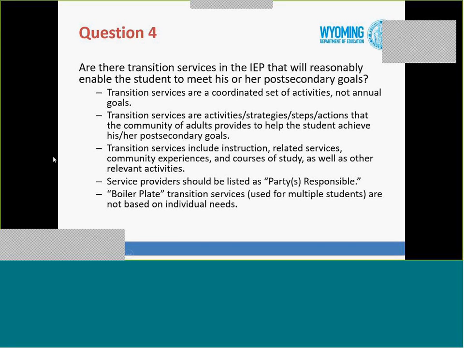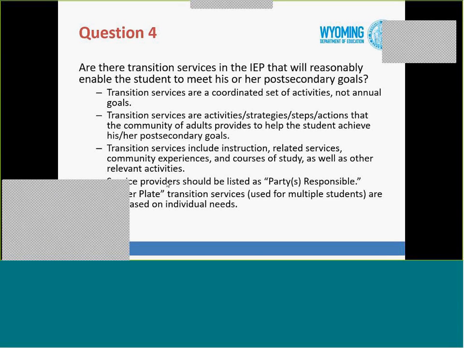Service providers should be listed as party responsible. So if you're documenting in your IEP that you are using DVR, that needs to be documented as a responsible party. And boilerplate transition services used for multiple students are not based on individual needs. So again, everything needs to be based on individual needs and individualized for the student.